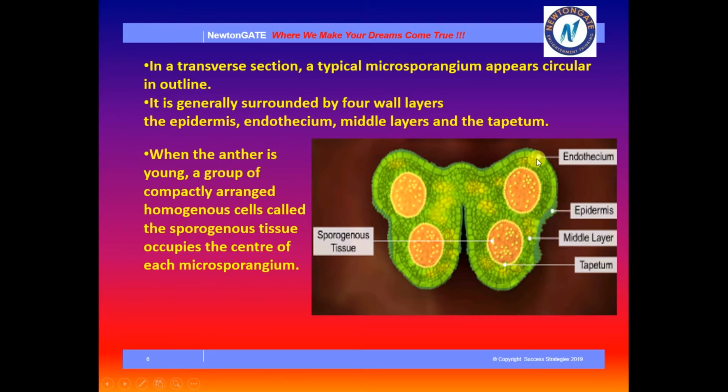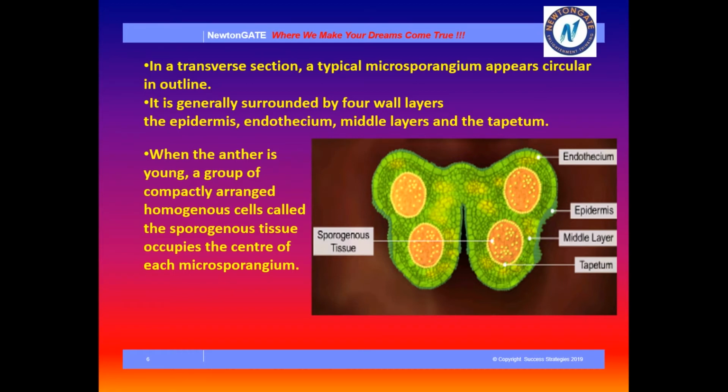Next comes the endothecium layer. Then the third layer is the middle layer, and the fourth one is the tapetum, the innermost layer of the microsporangium. So these are the four wall layers of a typical microsporangium.